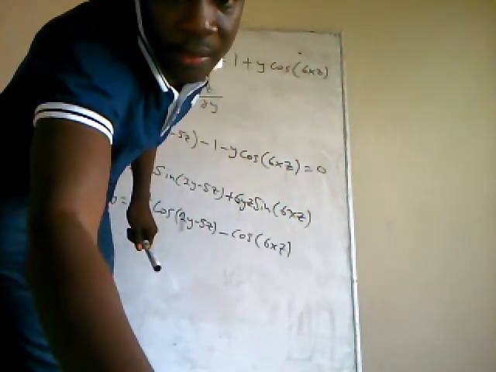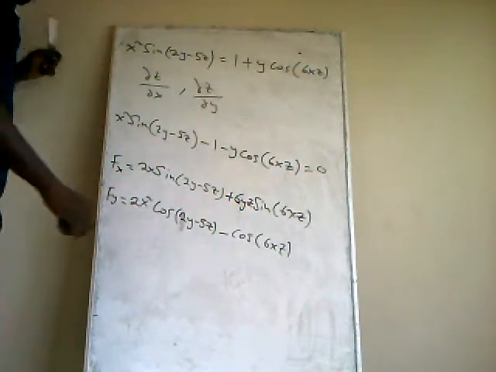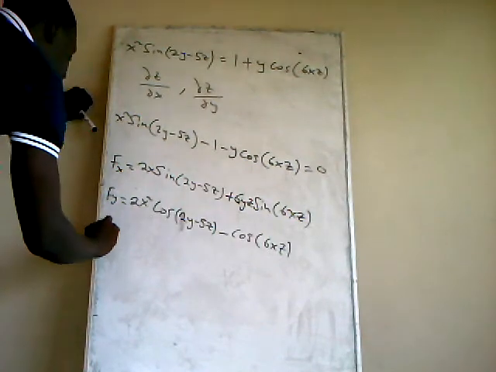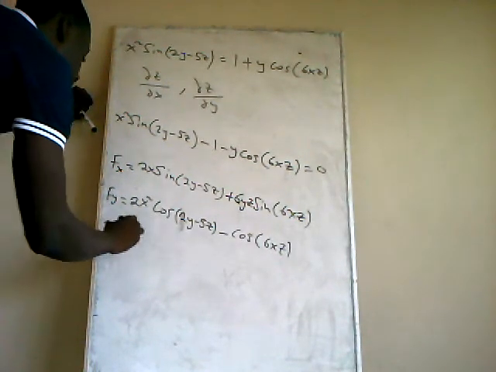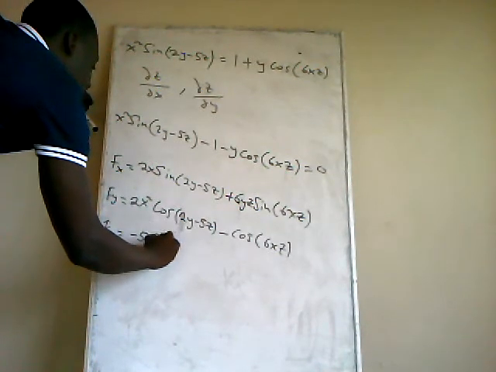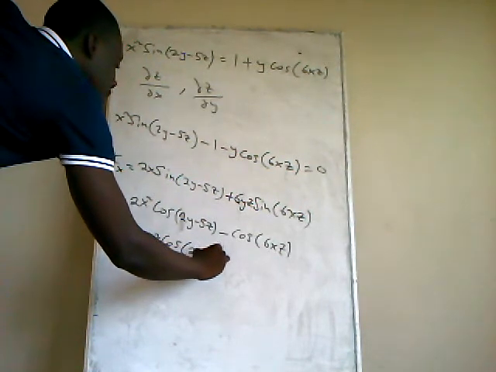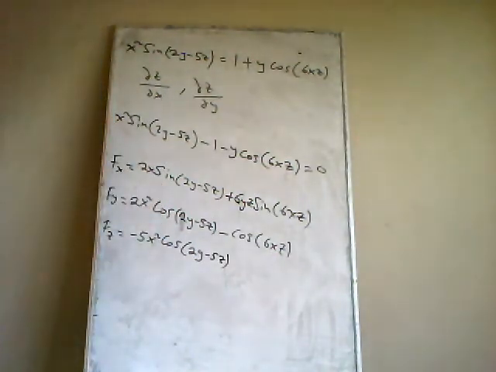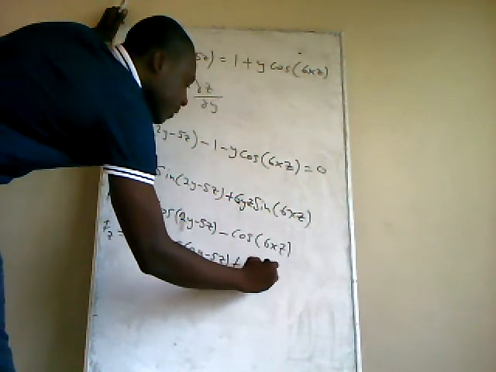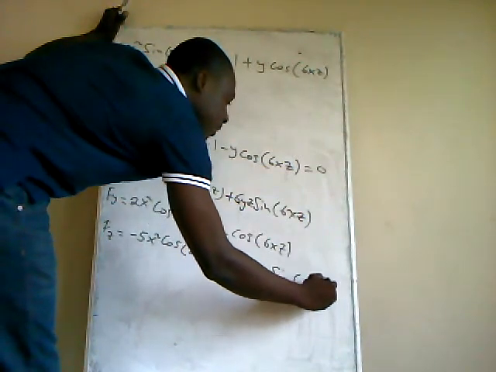Next, I differentiate the function with respect to z, and I get fz: I have minus 5x squared cos 2y minus 5z plus 6xy sine 6xz.